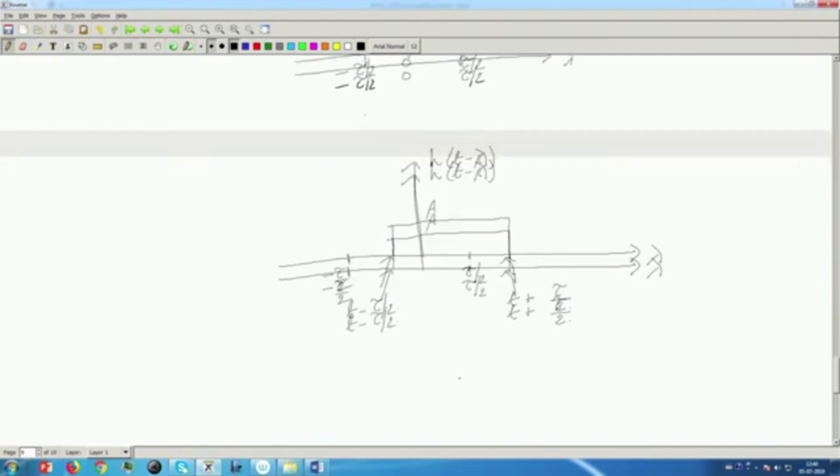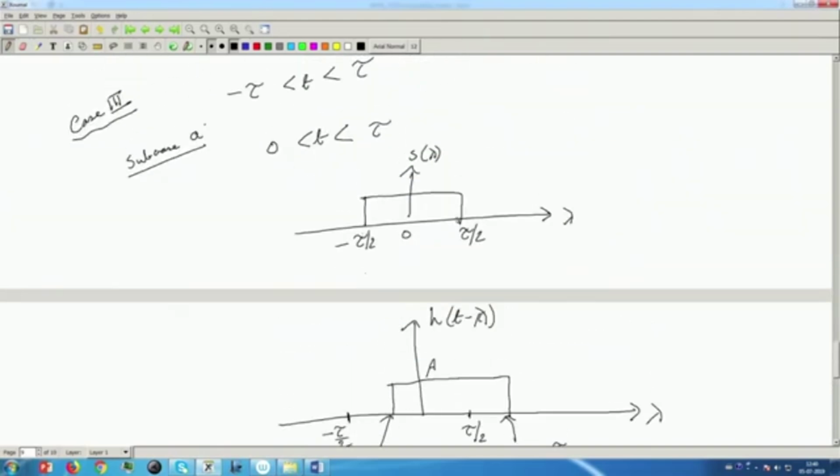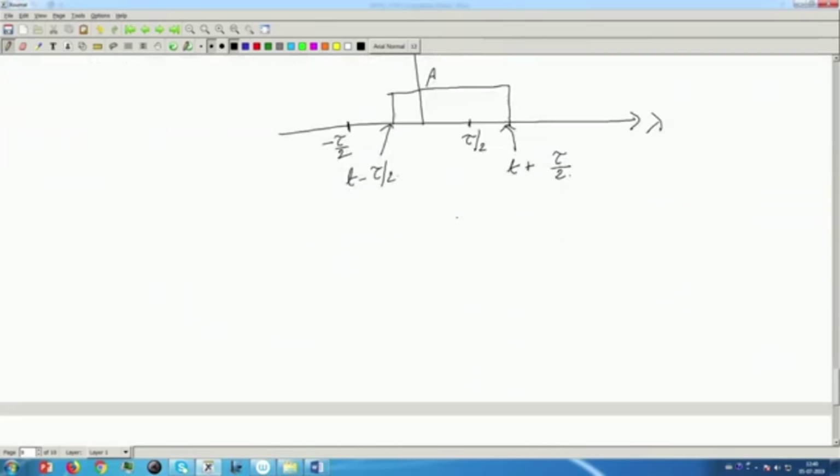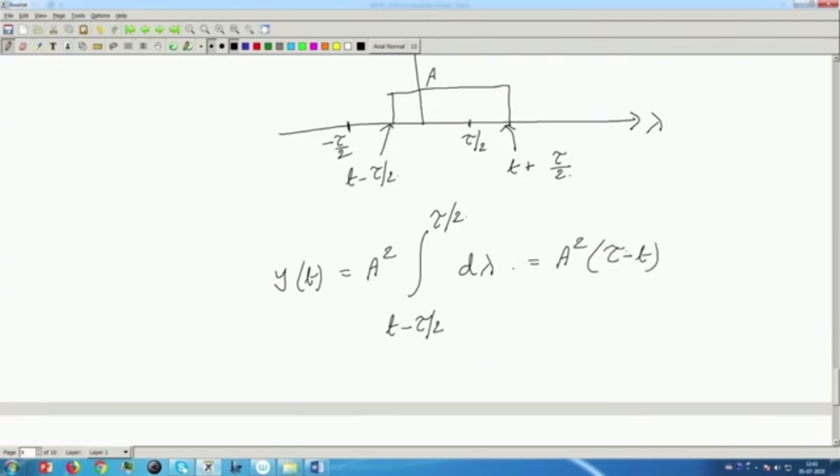We can see that from here to tau by 2 there will be multiplication. So, y(t) in this case will be A squared, integrated from t minus tau by 2 to plus tau by 2 d lambda. That gives us A squared times (tau minus t). You do it.